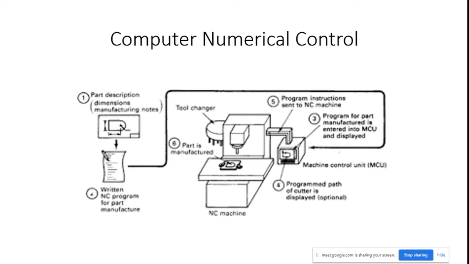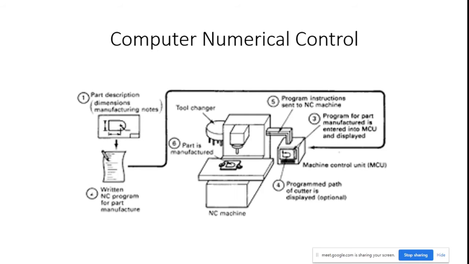The first is the part description, which has the dimensions and manufacturing notes of the product. The second step is writing the NC program for part manufacturing, and the third step is that the program for the part to be manufactured is entered into the MCU and displayed. Here MCU is the machine control unit.